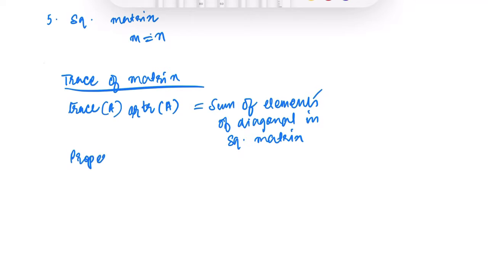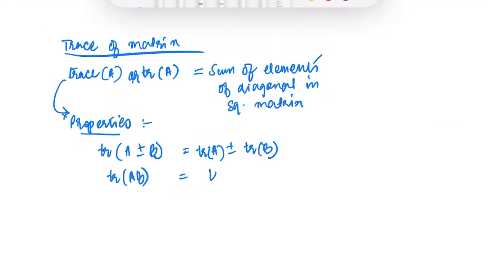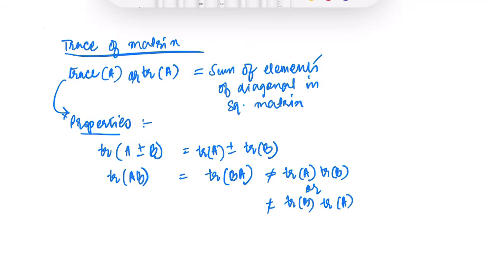We'll see a few properties of trace of matrix. If we are given something like A plus or minus B, this can be written as trace of A plus or minus trace of B. Now if we have something like this, trace of A into B is equal to trace of B into A, okay, and this is not equal to trace of A into trace of B or trace of B into trace of A, not equal, okay.